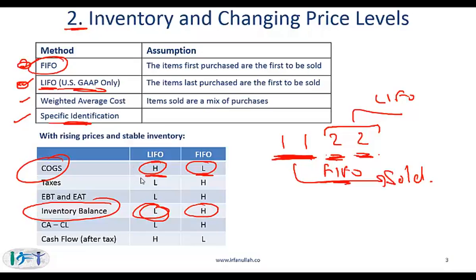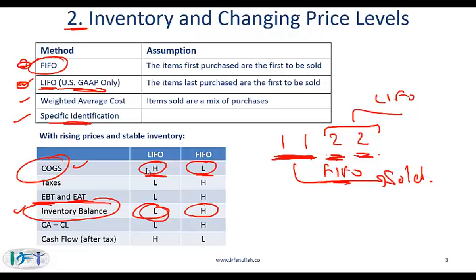All right, so keep that in mind. Once you know these two factors, then the others should also fall into place. If you think about earnings before taxes and earnings after taxes, with LIFO, the COGS or the cost is high. That cost is showing up on the income statement.